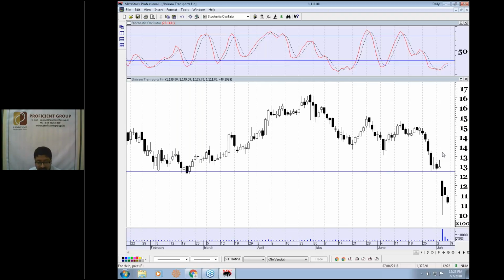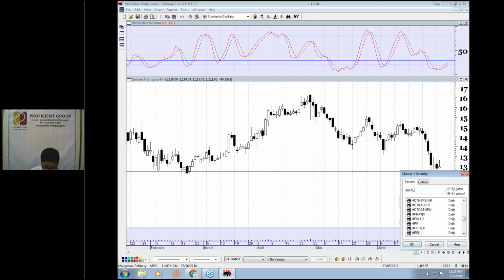So this is a breakdown gap which we have to identify, and this kind of range breaking gap suggests that there is much more fuel to come in that direction, which in this case is the bearish direction. So prices are very likely to go lower, and any pullback to the resistance of 1225 or 1220 will be a good selling opportunity in Shriram Transport Finance.